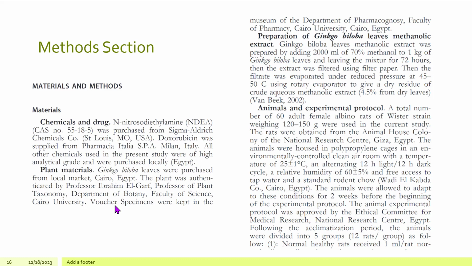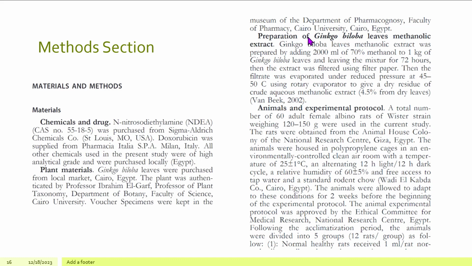So different amounts of water, different soil, different temperatures for the growth can cause the plants to produce different compounds. And so maybe a ginkgo biloba extract from here has anti-tumor activity, but one that was grown in the United States in Minnesota, for example, maybe it doesn't have those same compounds. So it's important that you keep these voucher specimens for that reason.